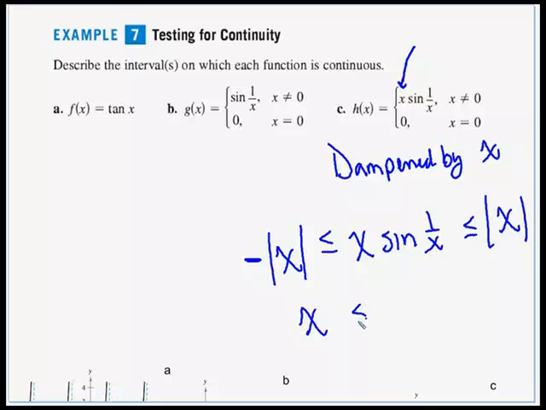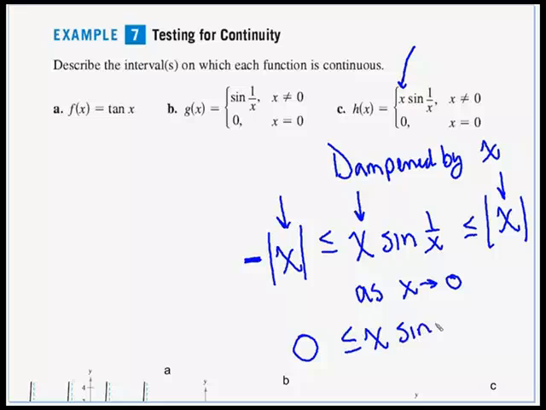So again, that's a lot like what we did in pre-calc. Just the basic sine of x always drifted between 1 and negative 1. Now that amplitude just made this x and x, and of course we have to make that one negative on the left-hand side. So what does this mean as x approaches 0? If we start making x closer and closer to 0, these bounds are going to get closer and closer to 0. So we have 0 less than or equal to our function, x times the sine of 1 over x, which is less than or equal to 0.